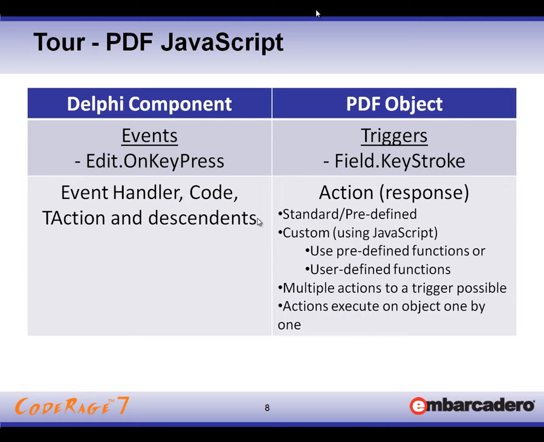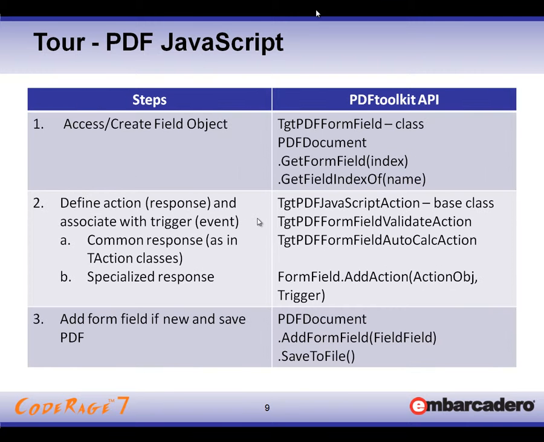Now let's look at what PDF Toolkit provides for us to be able to embed JavaScript inside the PDF document. There's one point to note here. There are no predefined actions for form fields that PDF provides. All behavior has to be coded using custom JavaScript, including formatting and validating the input in form fields.